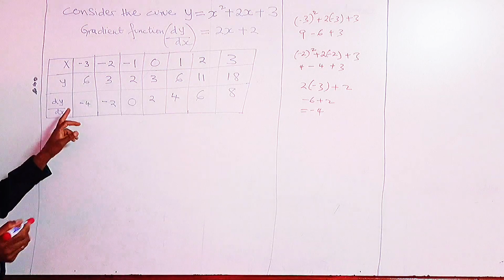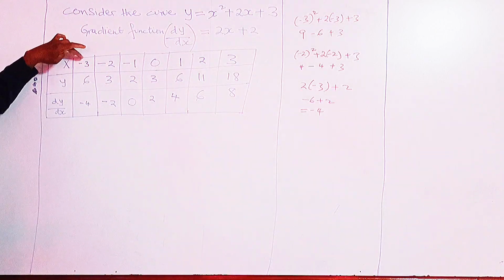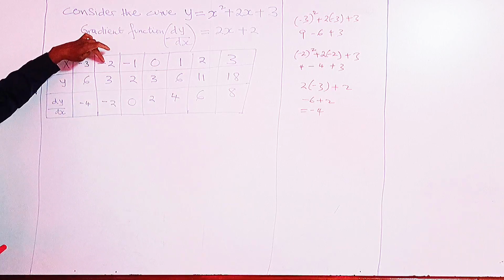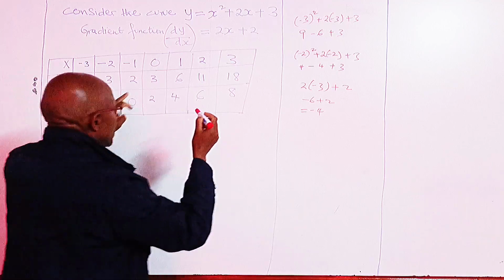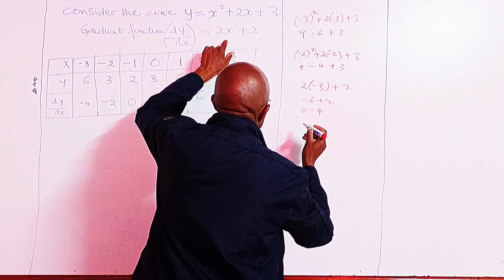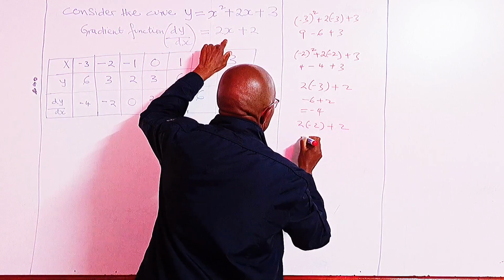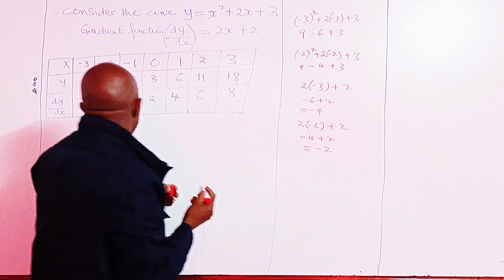That's how we get dy/dx when x is equal to negative 3 as negative 4. So when x is equal to negative 2, we substitute negative 2 into our gradient function, we'll have 2 into negative 2 plus 2. So this is negative 4 plus 2, which is equal to negative 2.